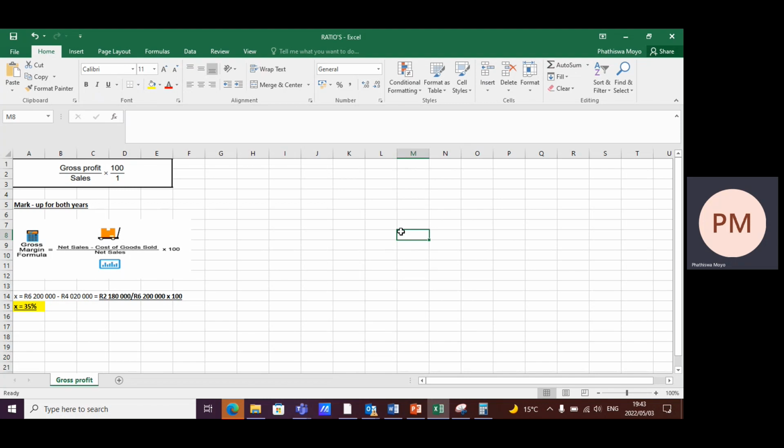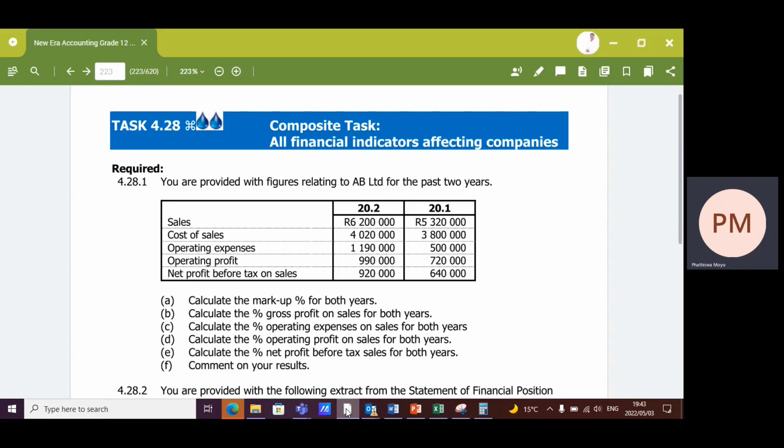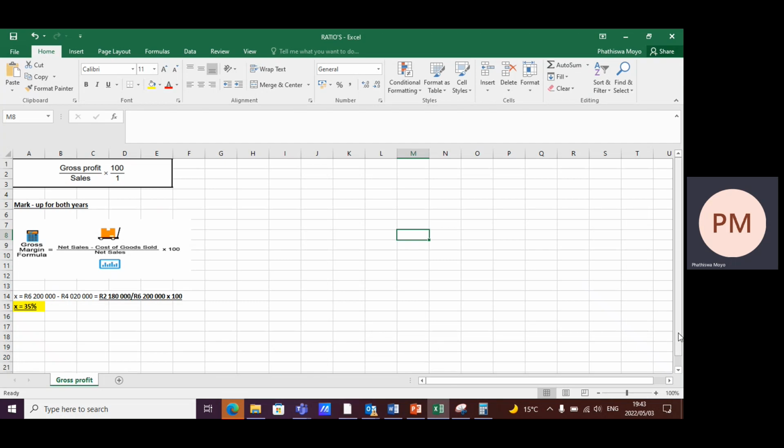It's 35%. Now the question asked you to calculate the markup. So for gross profit, the denominator is sales. For markup, the denominator is the cost of sales. So it's your gross profit to cost of sales percentage.